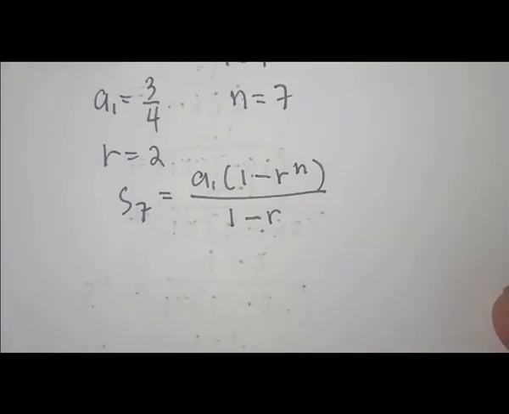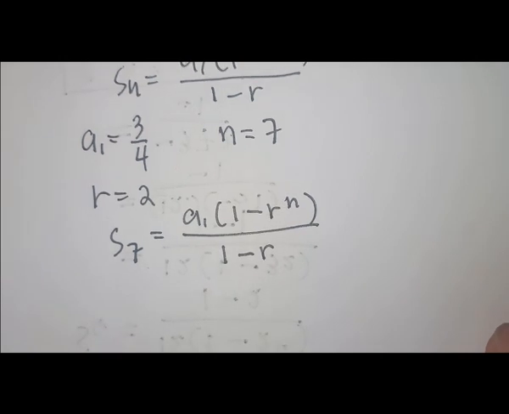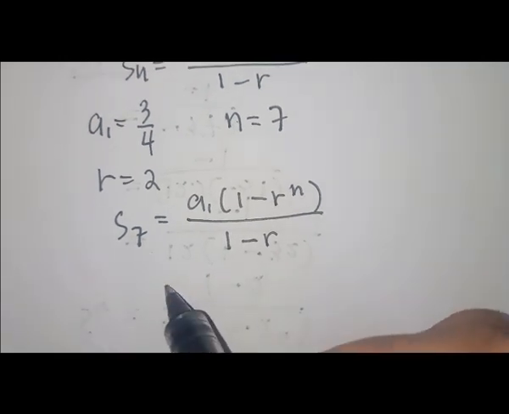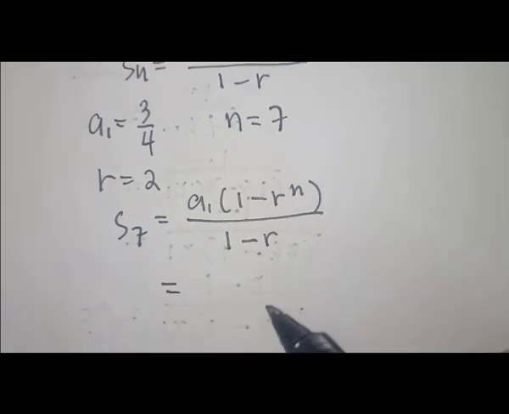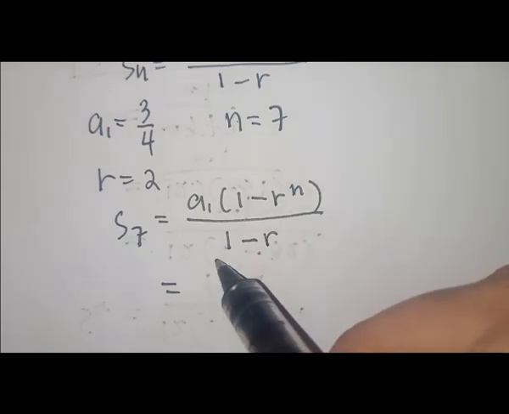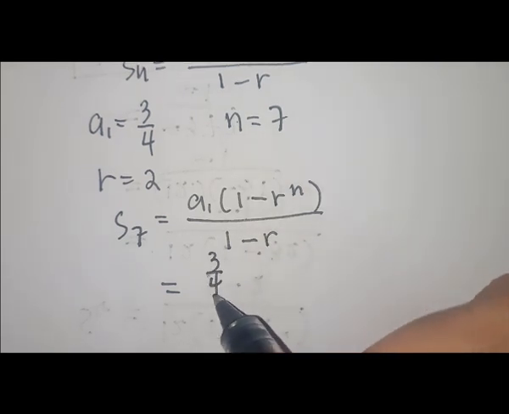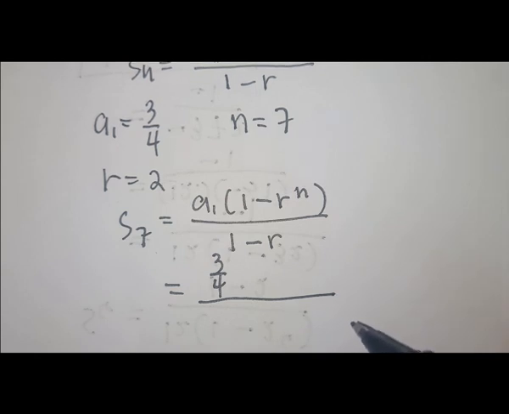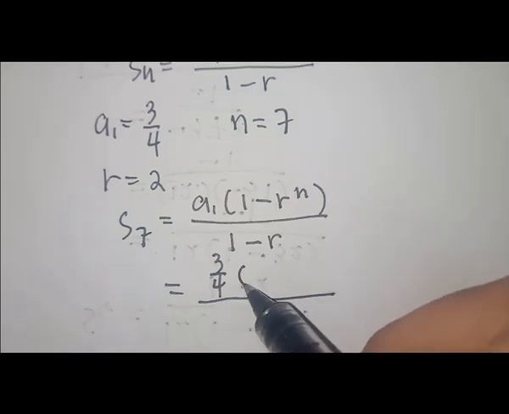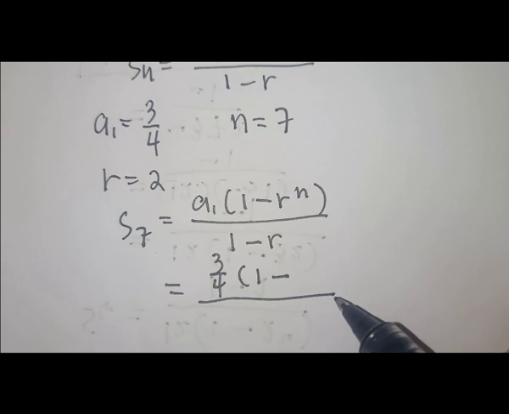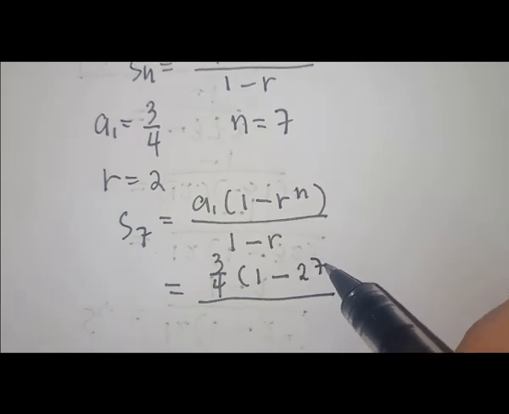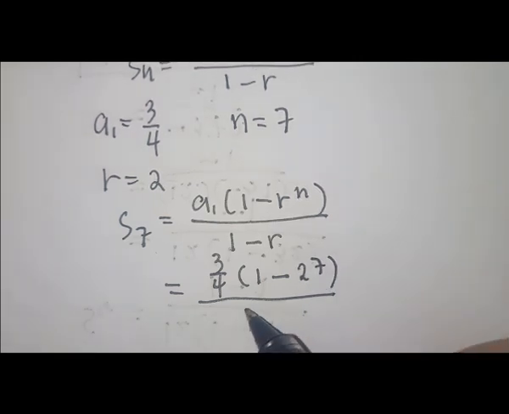Let us substitute the corresponding values to get the geometric series. a sub 1 is 3/4, so we have 3/4 times 1 minus 2 raised to 7, divided by 1 minus 2.